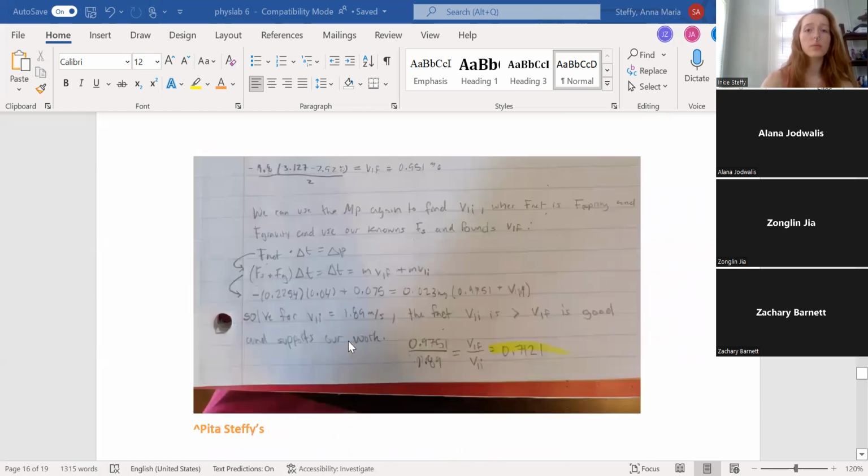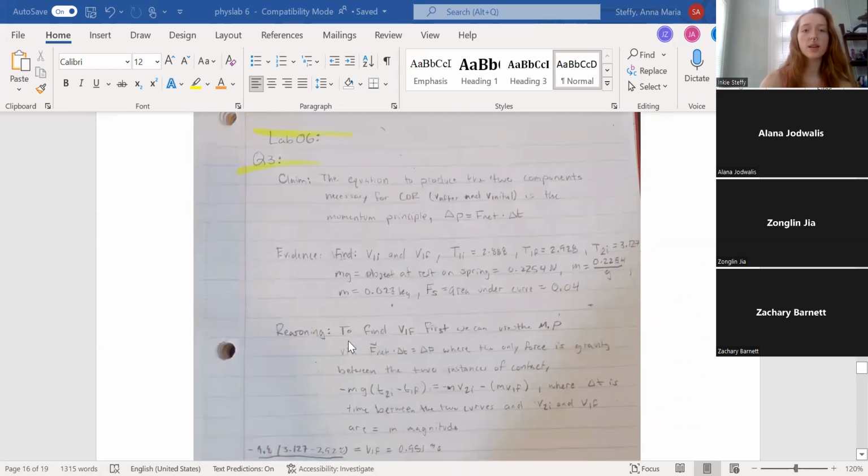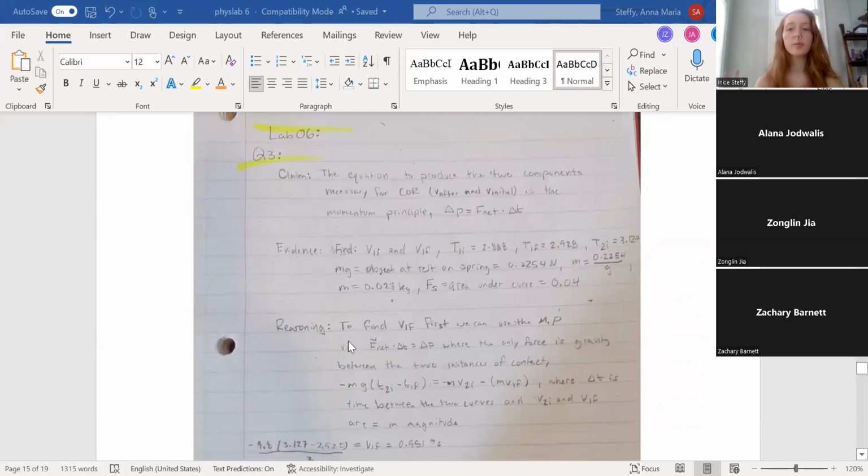Yeah. I had basically the same thing. The momentum principle, as long as you identify momentum as mass times velocity, where velocity is the factor we don't have in what we want to find. But I talk about how we have so many givens, like the force is the area under the curve, and our mass we don't even need to weigh because we could find that from our graph as well.